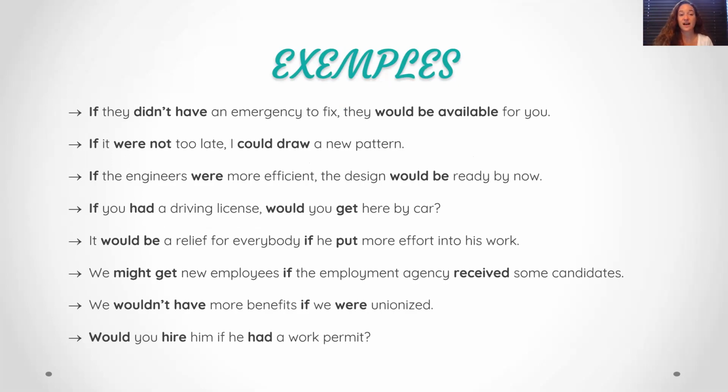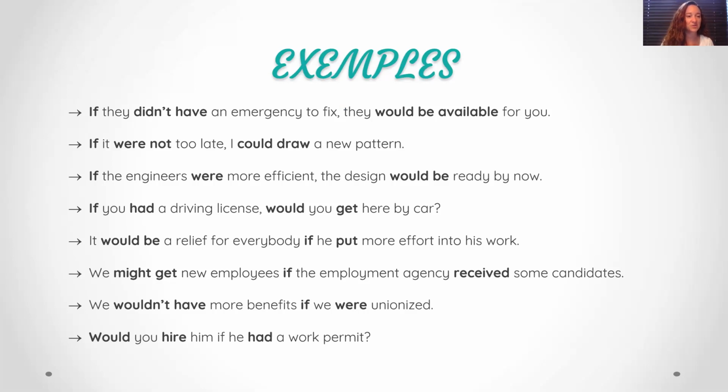Then we can see more examples. "If they didn't have any emergency to fix, they would be available for you." So right now they have some emergency to fix, so they cannot help you. And you remember the negative form of the simple past always uses didn't, except with the verb to be.